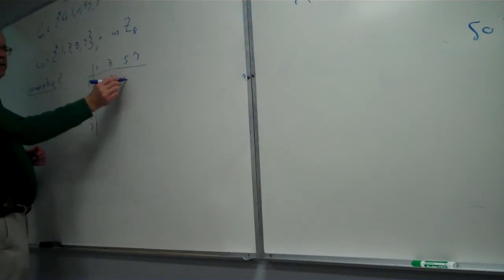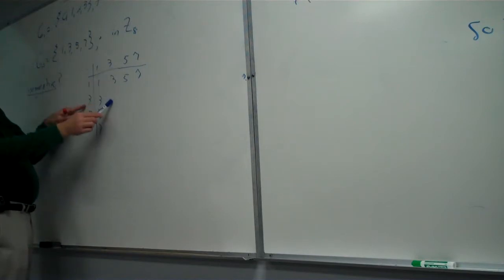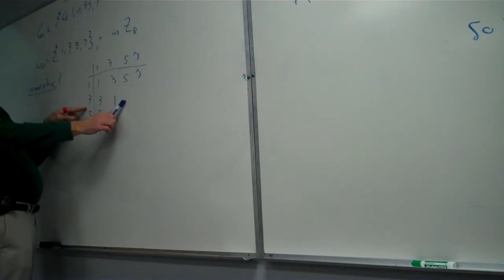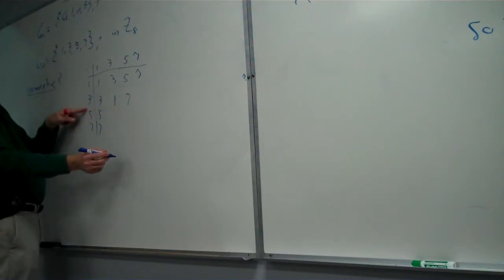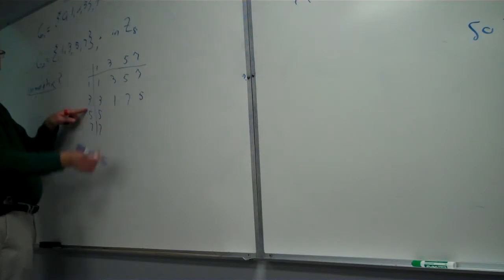one is the identity, right? See, 3 times 3 is 1. What's 3 times 5? 7. And 3 times 7? 21, otherwise known as 5.